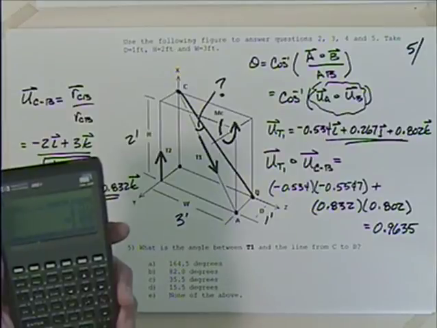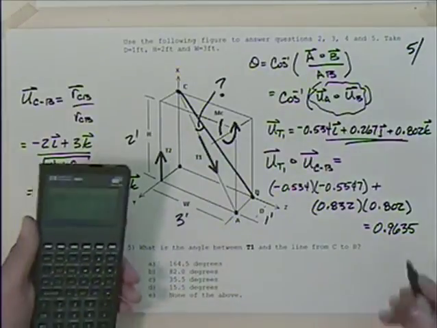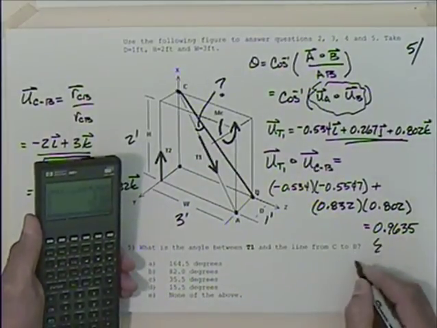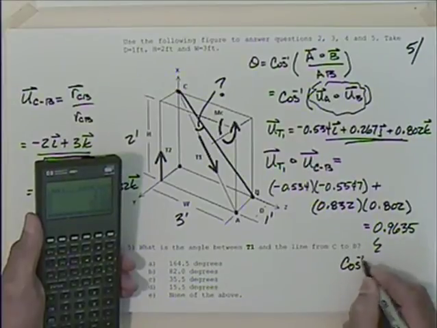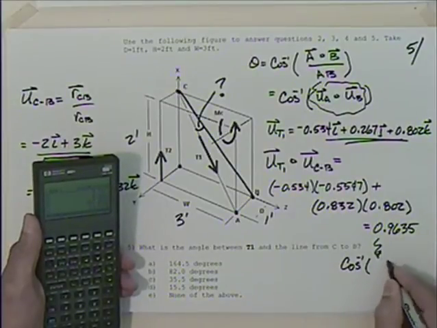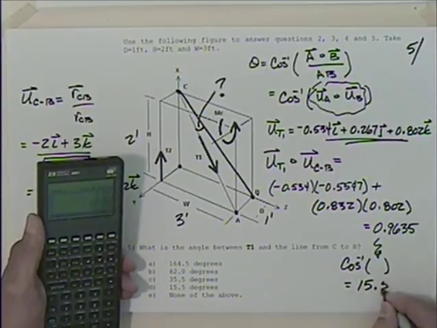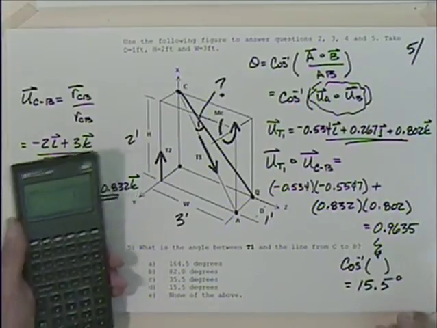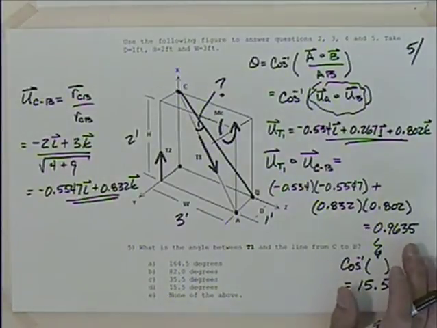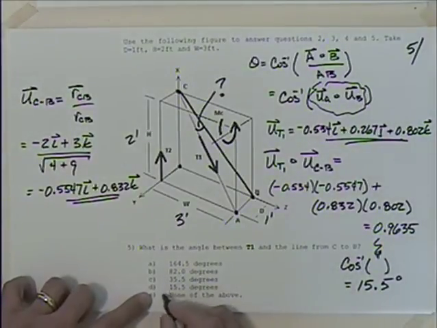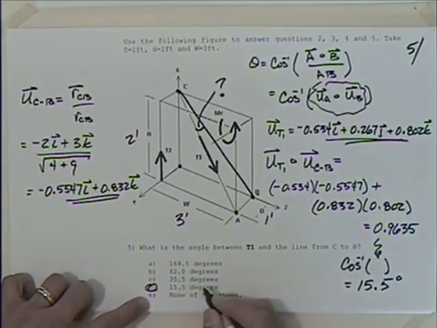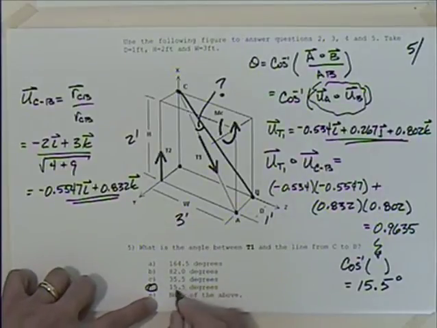So I take the arc cosine of that, which gives me 15.5 degrees. Let's see, is that an answer? Yeah, right there, D. Good news. Okay, D, 15.5 degrees. Good.